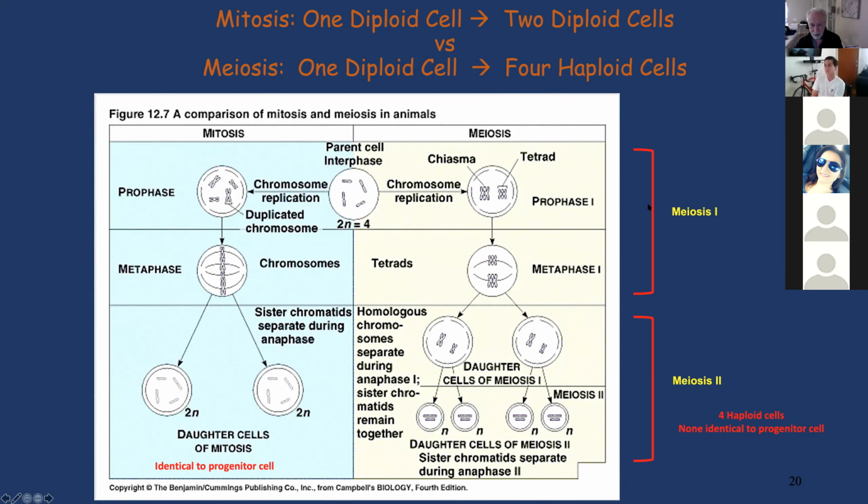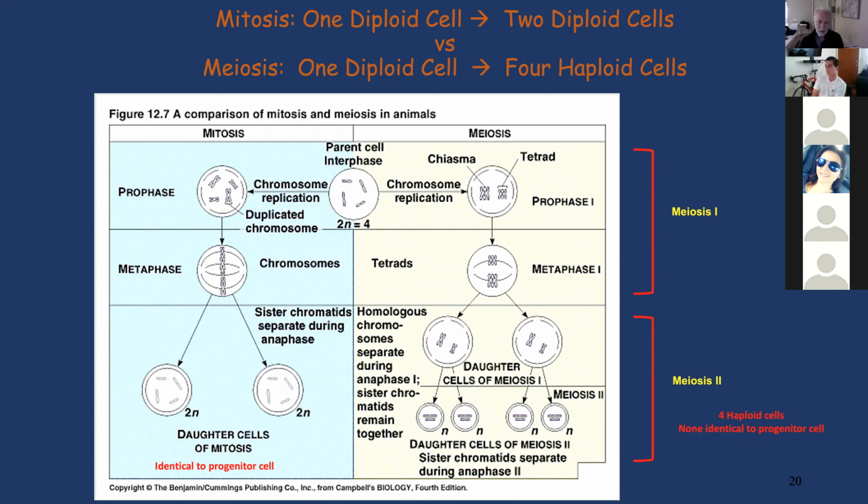In the case of meiosis, you have two divisions, meiosis 1 and meiosis 2. As a result of the recombination in meiosis 1 and random assortment in both meiosis 1 and meiosis 2, you end up with 4 haploid daughter cells, none of which is identical to the progenitor.